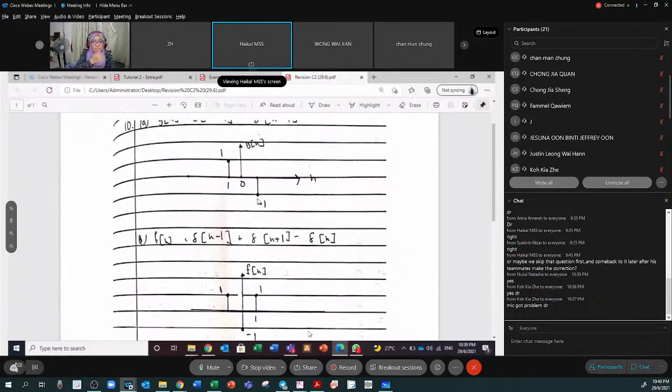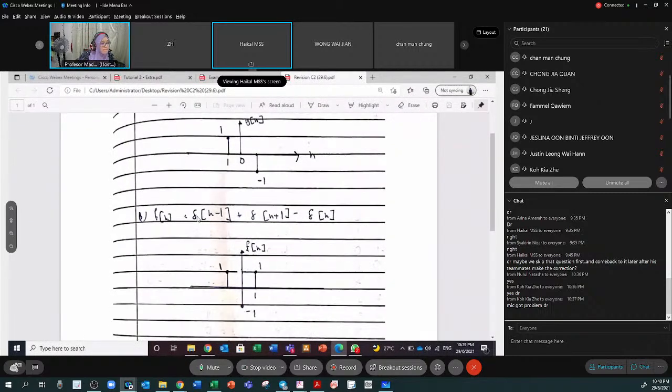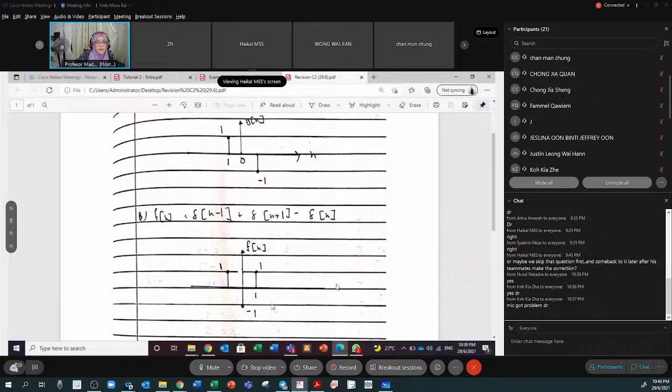The next one is almost the same. This is n minus 1 here, plus n plus 1, which is here, and then minus n, which is n plus 0, which is here. So the minus 1 tu. Make sure Haikal, when you draw out the answer, you see that minus 1 hampir tak nampak.